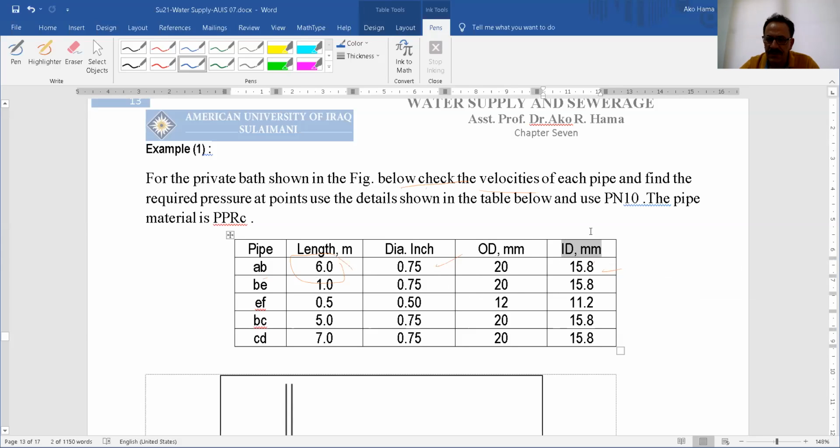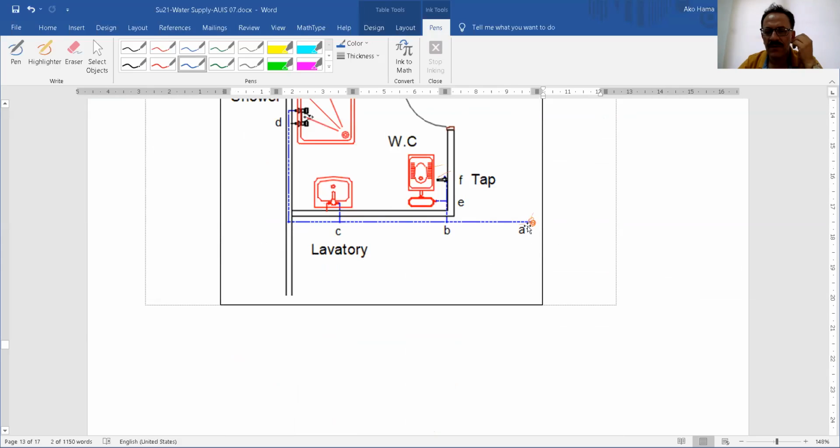Now, what is required? The required is to find the required pressure at the point used for the details. So we need to know how much the pressure will be after using, so we have to know the head loss in these pipes.